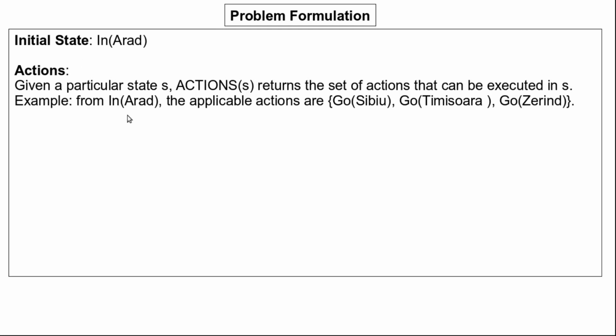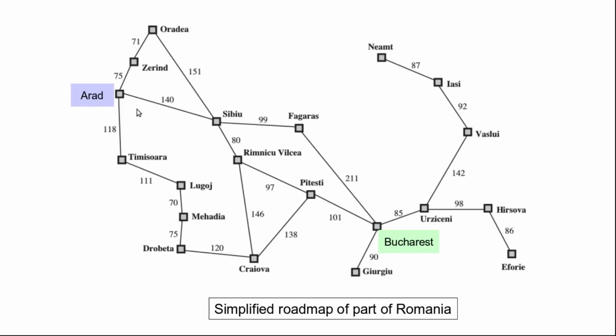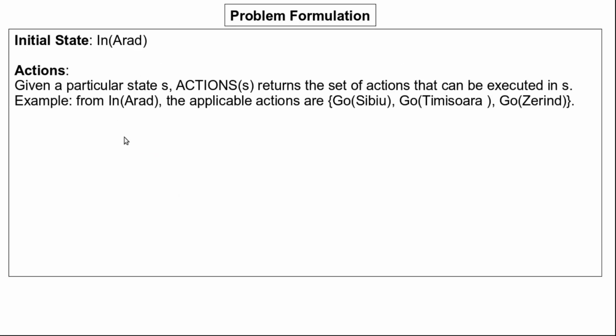If we are in the city Arad, then the possible actions that we can perform are we can go to Zerind, or we can go to Sibiu, or we can go to Timișoara. These are the 3 actions that we can perform, and that's what is specified in the action component of the problem formulation. And this has to be specified for all possible states, not only for Arad, but for all possible states we have to specify the set of actions that can be performed.